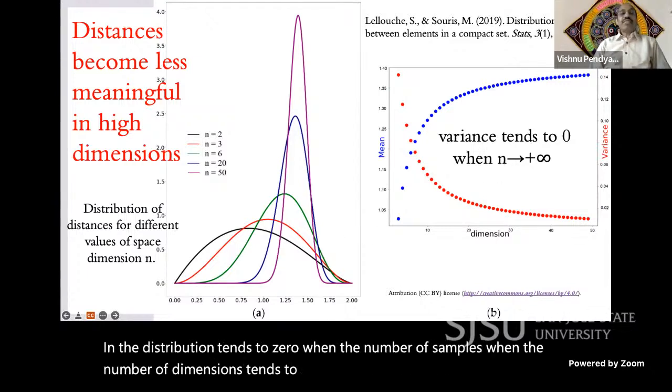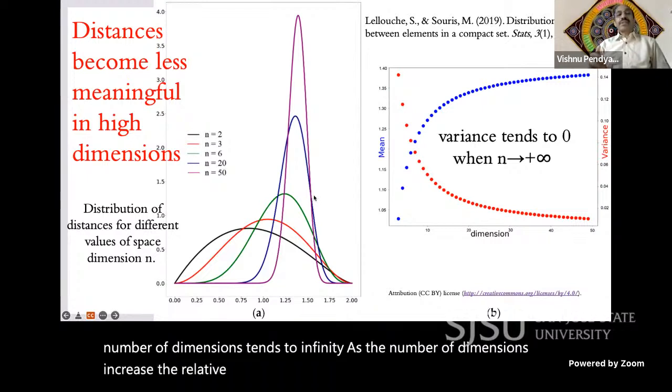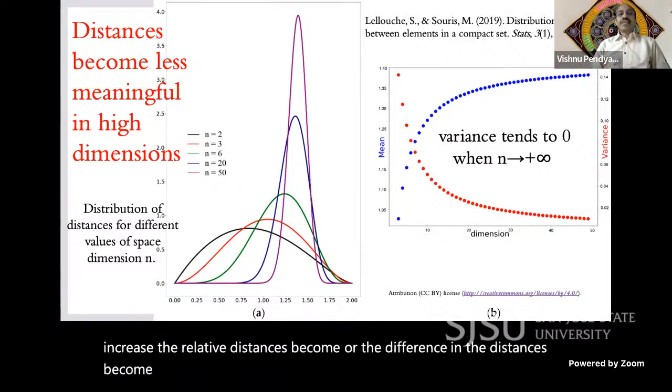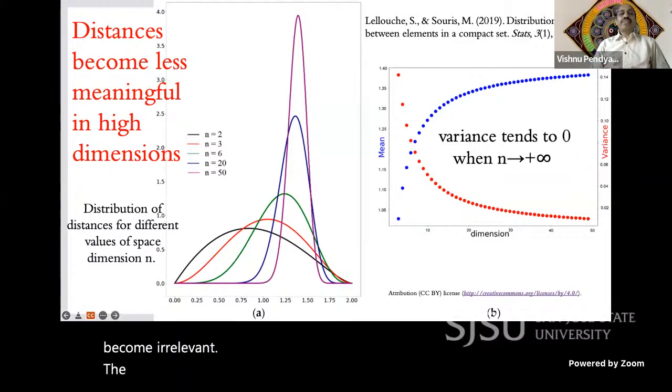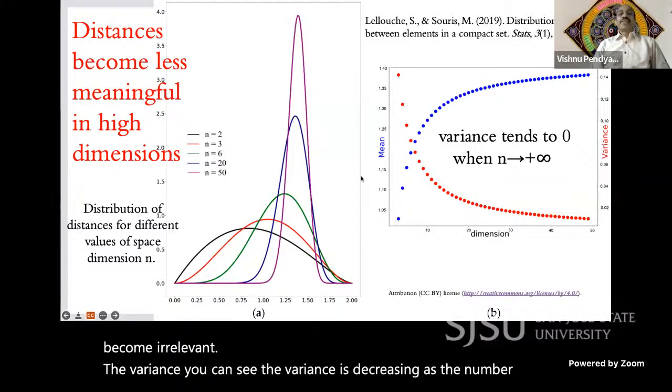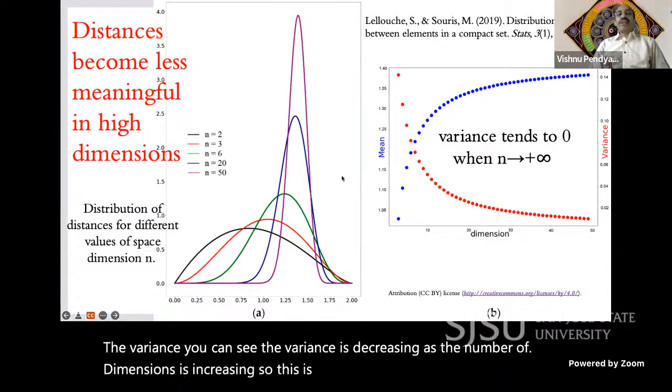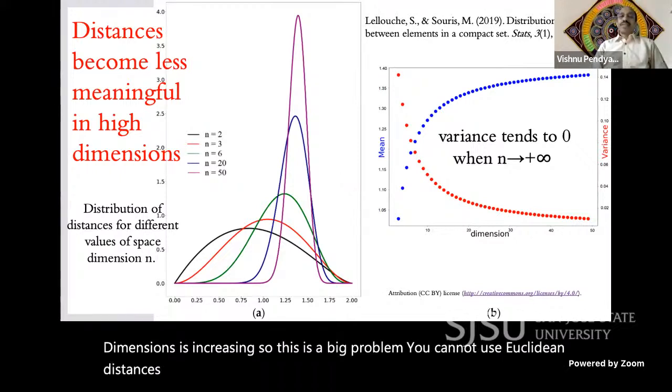As the number of dimensions increases, the difference in the distances becomes irrelevant. You can see the variance is decreasing as the number of dimensions is increasing. So this is a big problem. You cannot use Euclidean distances for pictures. So we need to come up with a different way.